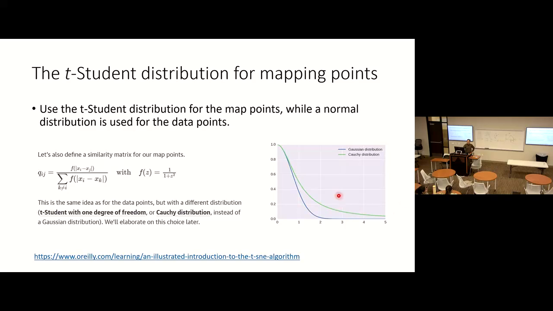Then that's the difference I just drew on the board. So the T distribution gives you the fatter tail. So the same probability will translate to a longer distance.